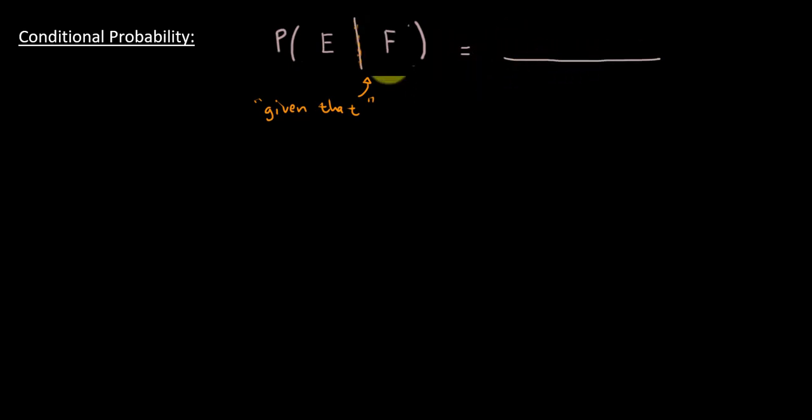well, since F has occurred, we need to limit our perspective or our sample space to that of F. So we're only considering that this event has occurred. That was like the diamonds.